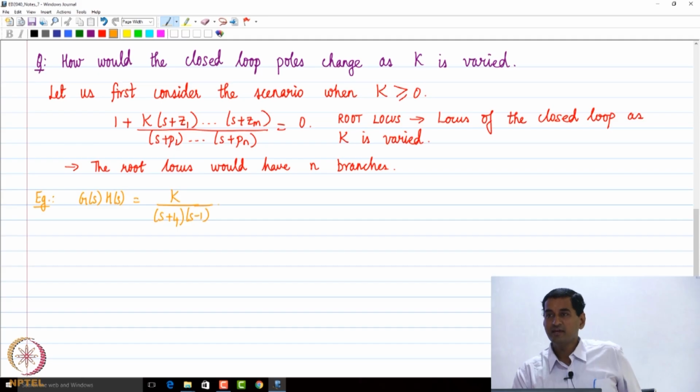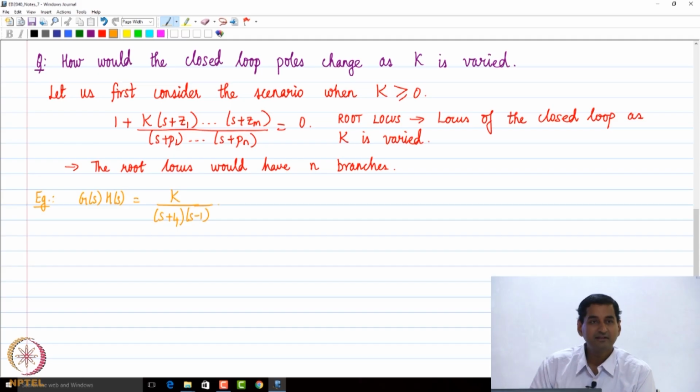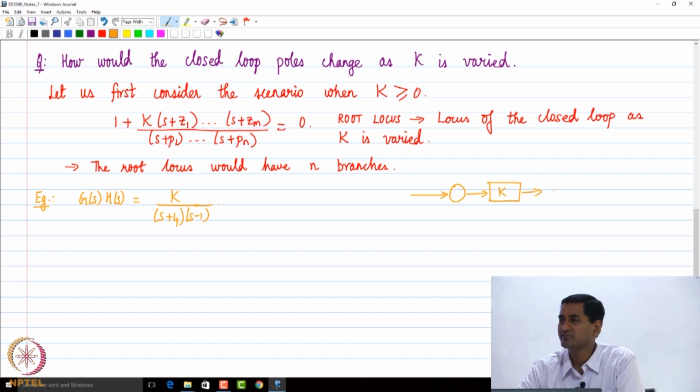K is some non-negative real number, and this is the open loop transfer function. How can we get this open loop transfer function? Let us say I have a negative feedback system where the controller is a proportional controller. Instead of Kp I call it K. The proportional gain I just call K.